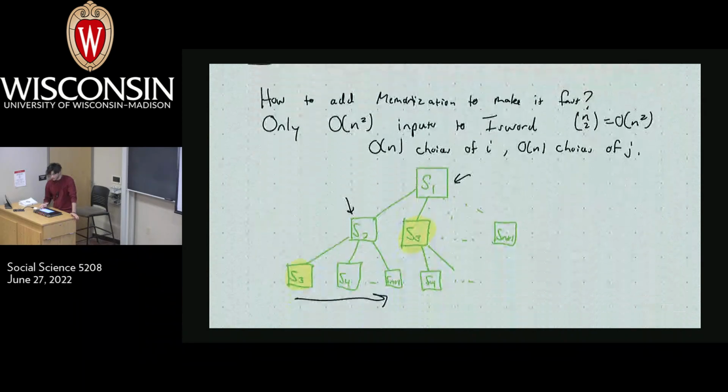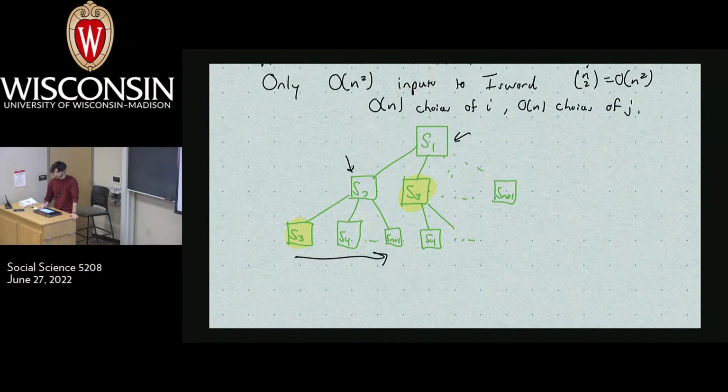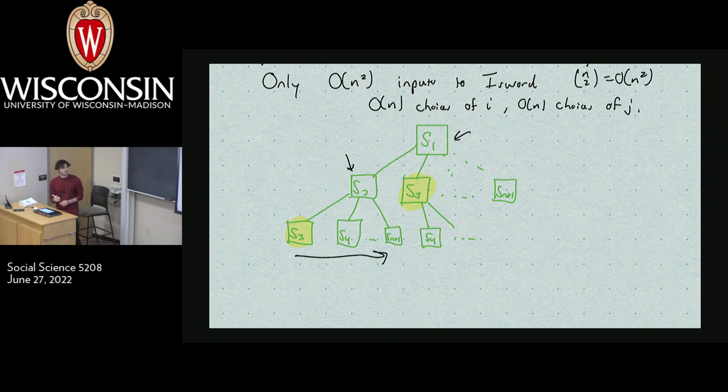So as you can see, just from looking at the recursion tree, you're repeating a ton of work unnecessarily. You keep computing S of 3 and S of 5 tons of times when you really don't have to. So the idea is we're just going to store each of the splittable calls into an array.